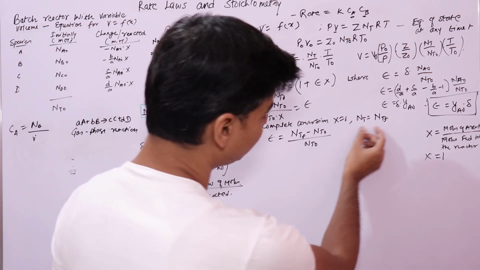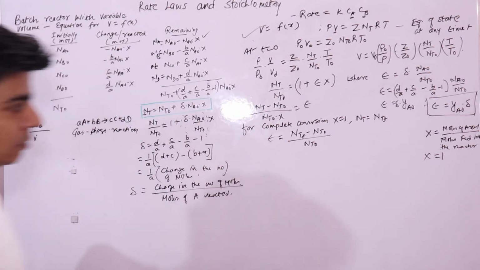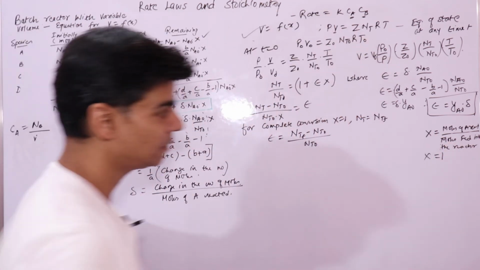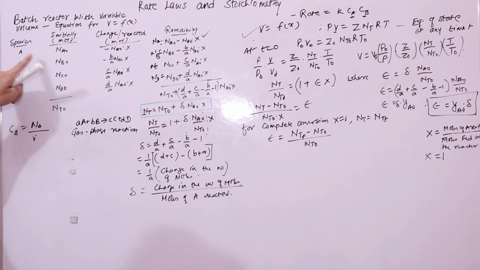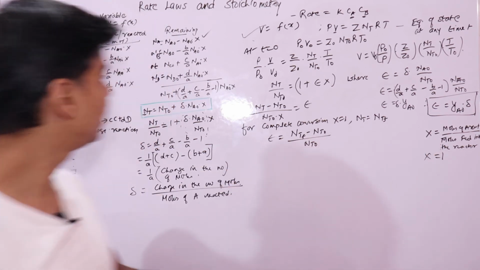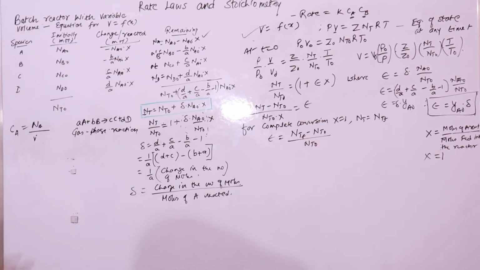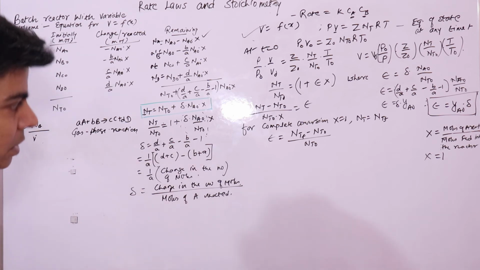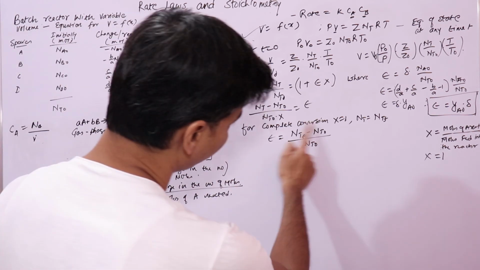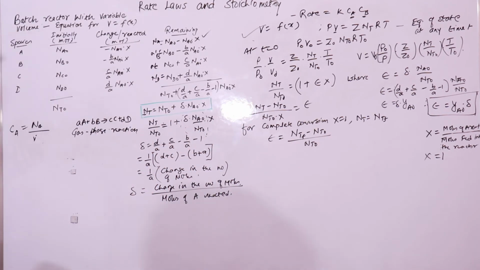So we have taken it with reference to A, right? If we are taking it in reference to A, when NA would be equal to the total number of moles that you have fed in the reaction, if A is your limiting reagent, that means the reaction has completed, because none of the moles of A is left, right? So this represents the total change in the number of moles for complete conversion.